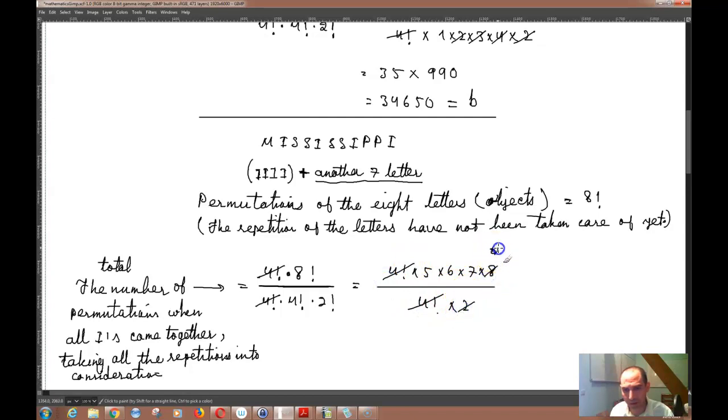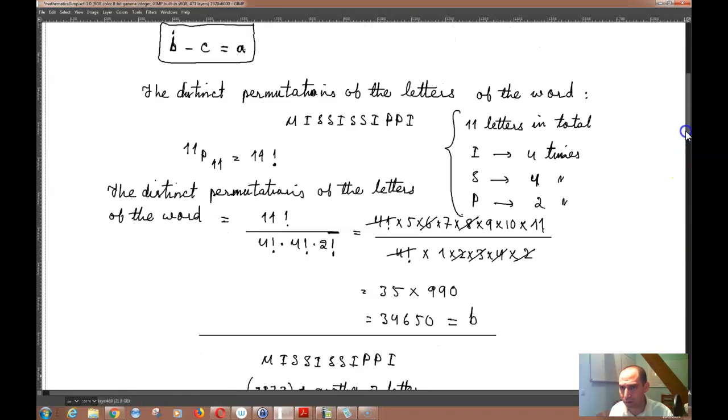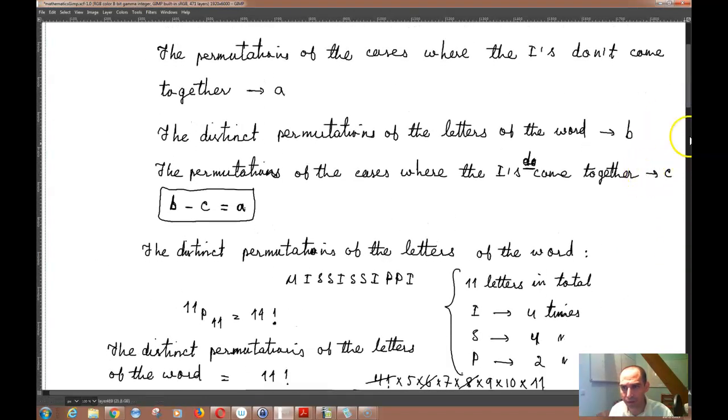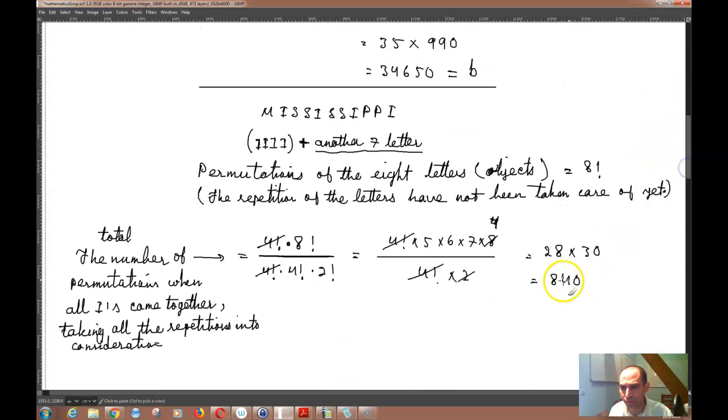And here I have 28 times 30. 28 times 30 is equal to 28 times 3 with a 0 there. It's 24, 2, 6, 8, 840. So now this is the number that we were looking for. This is C. 840.